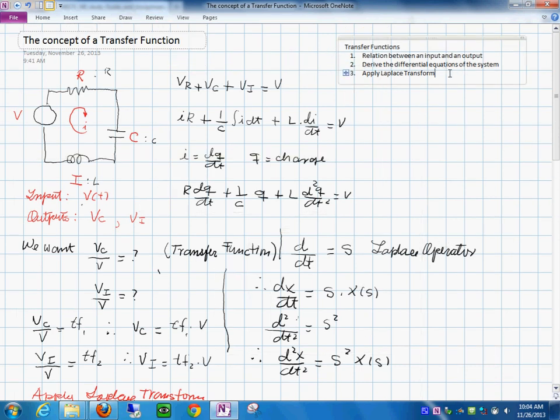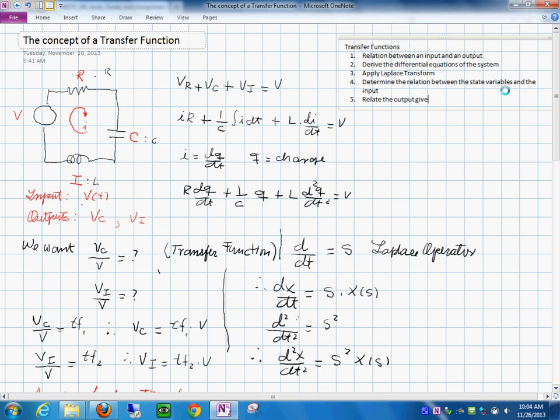Let's just apply the Laplace transform, and then determine the relation between the state variables and the input, and then relate the output given to the input based on the transfer functions found for the state variables.